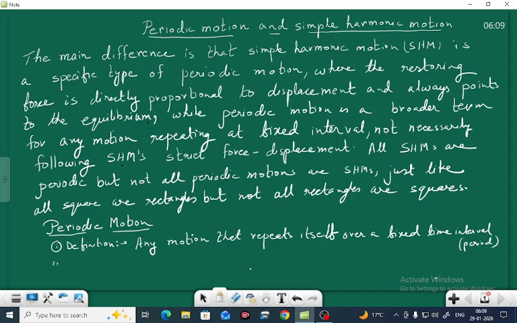Number two, force. So this is any motion that repeats itself over a fixed interval or period and can involve any kind of force.